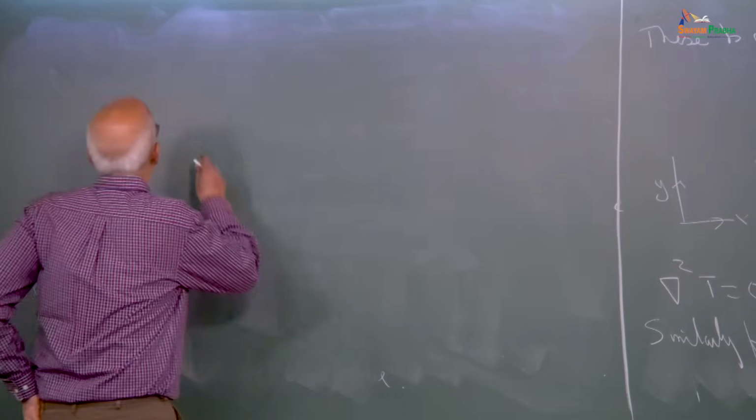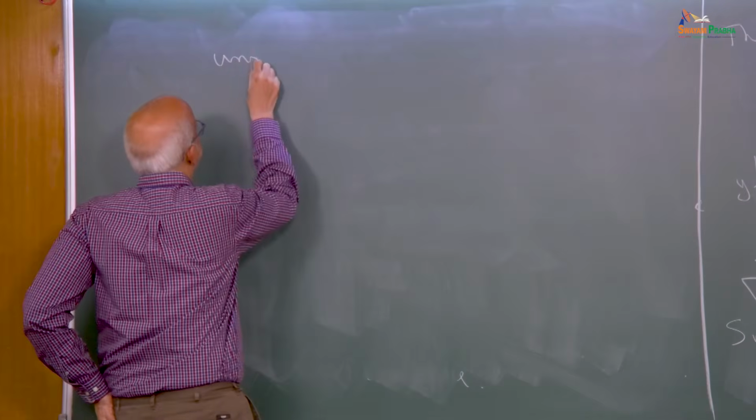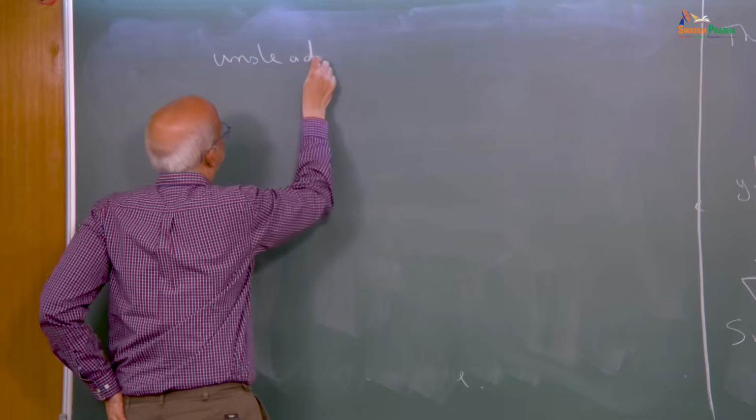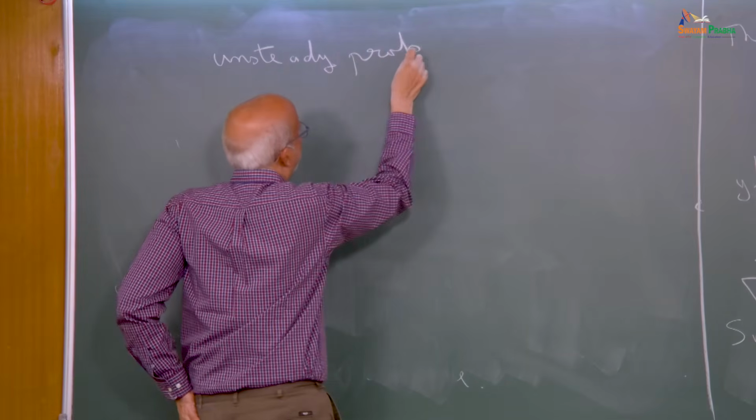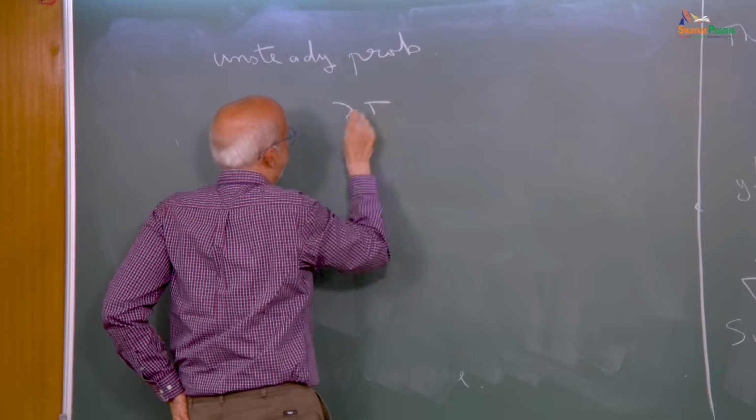Let me look at an unsteady problem where you have dT by dt.